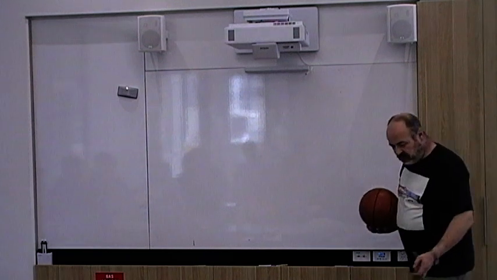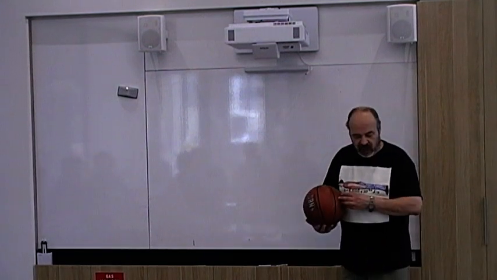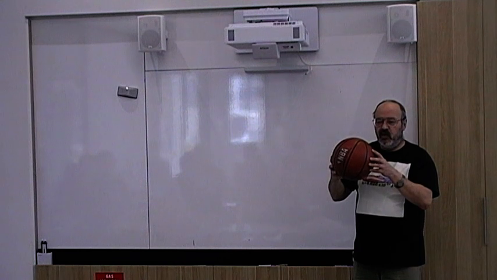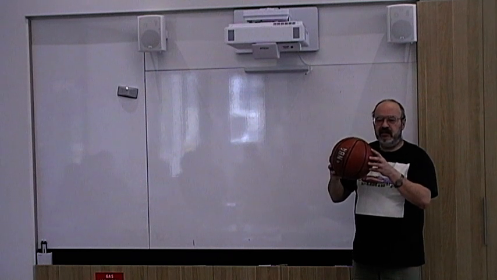So we have learned about the motion with a constant velocity. But velocity is not always constant. For example, what is the speed of this ball now? Zero. When I throw it, the velocity will not be zero.